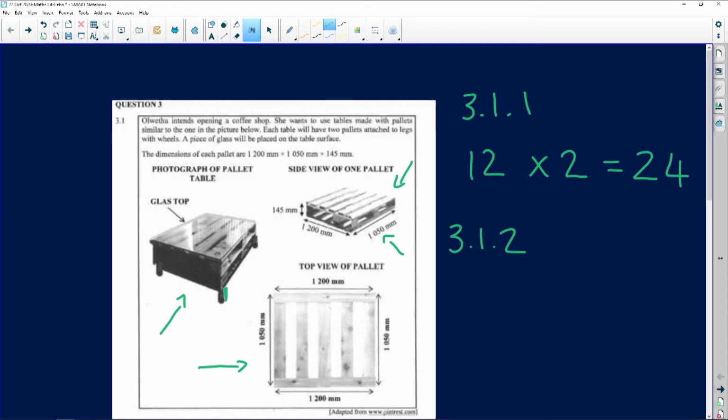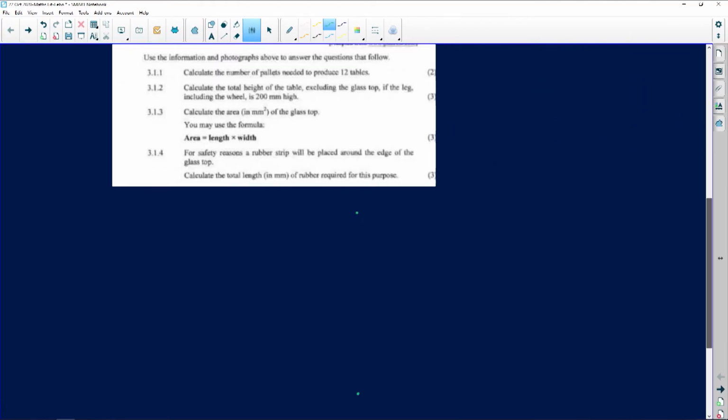We know according to this dimension over here what the height is over here. Obviously in this particular case, the height is going to be in millimeters. I think the space I've used here is too small, so let's go down and be a little bit more careful.